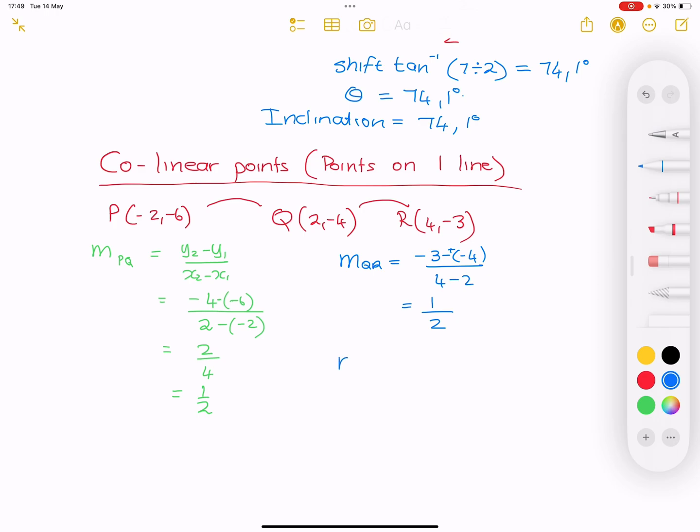Now you see the gradient of PQ is equal to the gradient of QR. Therefore, the lines are collinear. Agree? Yes, ma'am. Okay.